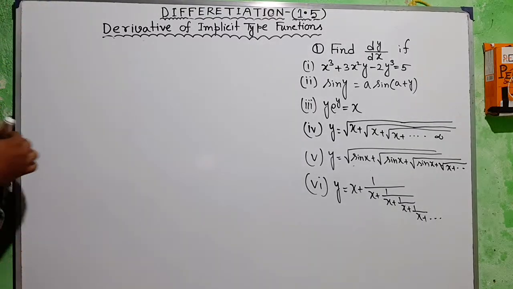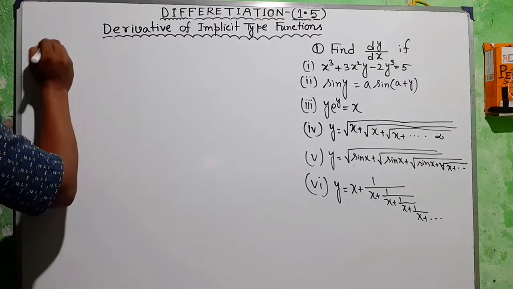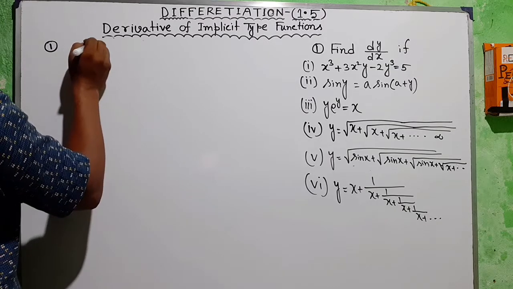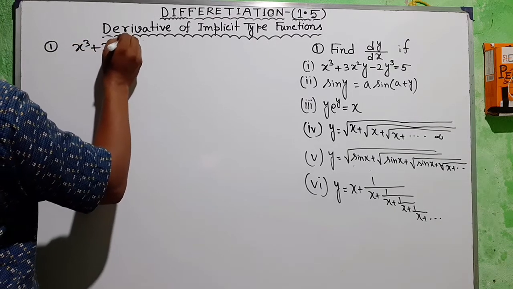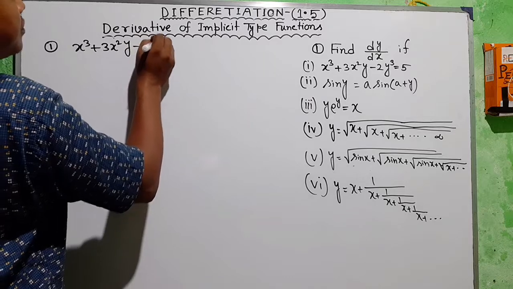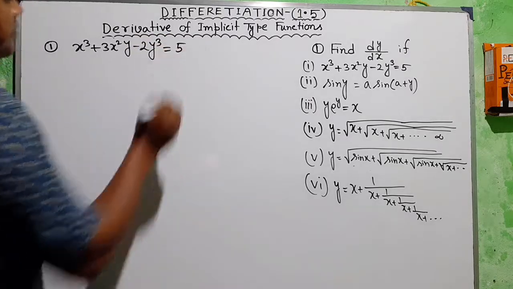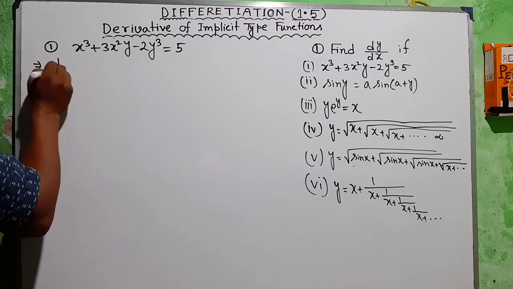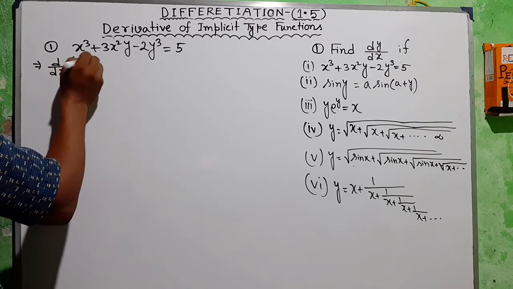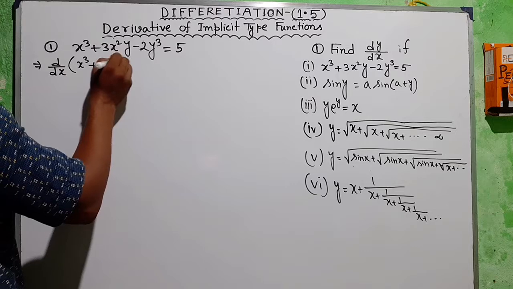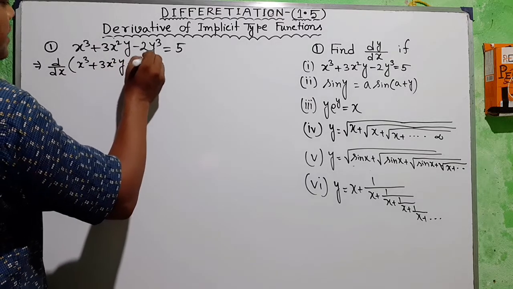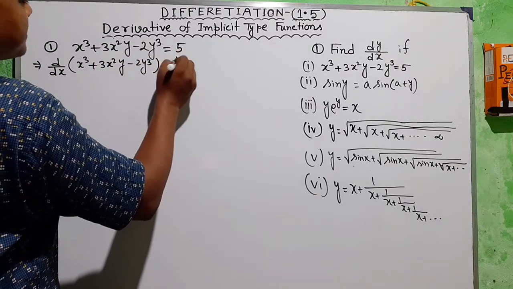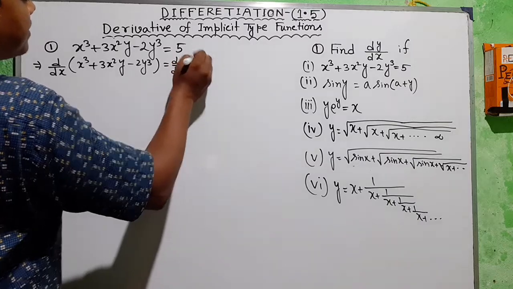So find dy/dx of the equation x cube plus 3x square y minus 2y cube equals 5. Now differentiate both sides with respect to x: d/dx of x cube plus 3x square y minus 2y cube equals d/dx of 5, a constant.